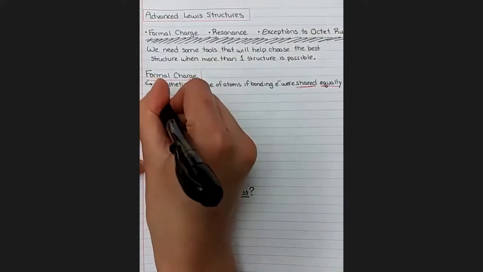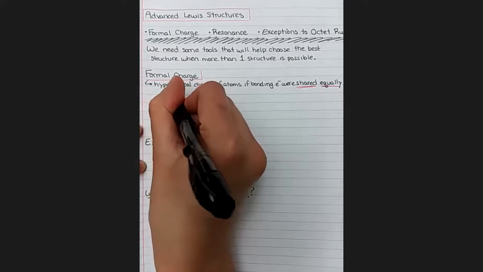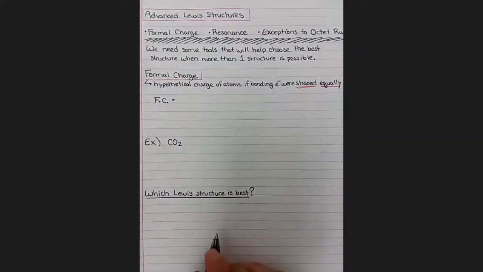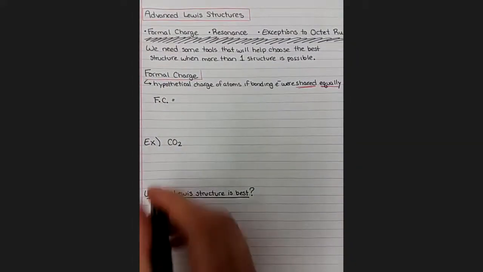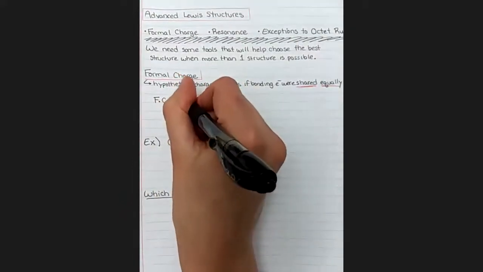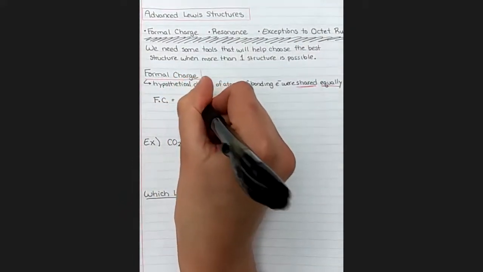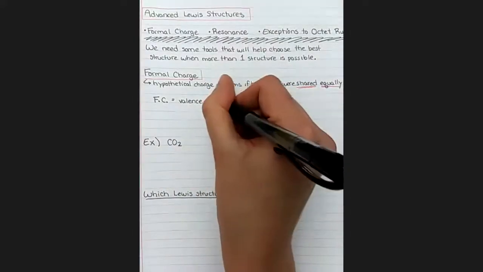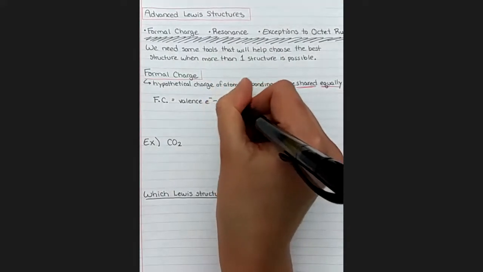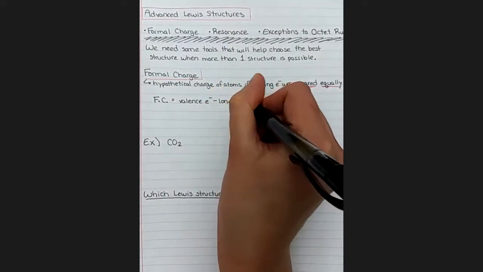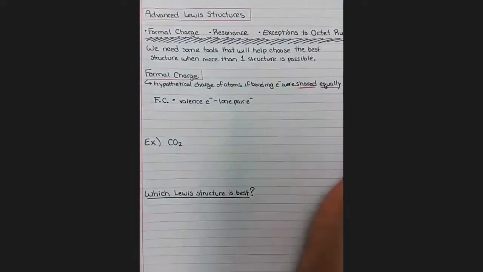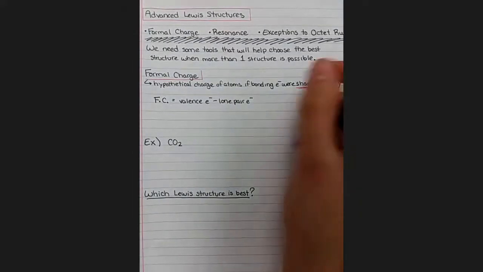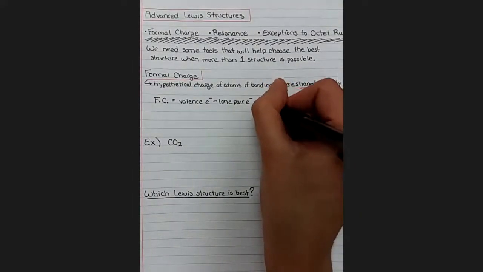We're going to abbreviate formal charge as FC because we're going to be calculating it a lot. The way we calculate formal charge is we take the number of valence electrons a particular atom had to give at the beginning, and then we observe where those electrons went. Some of those electrons still belong to that atom because they live in lone pair electrons, which only belong to one atom, and the rest of those electrons went into bonding.